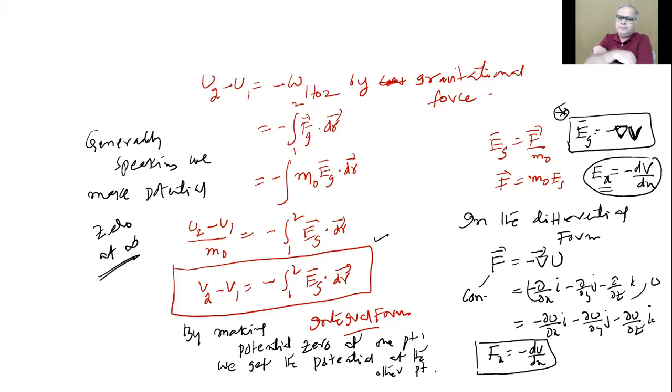So you should understand, if I bring m0 mass, I'll be doing work. That work depends upon how much mass you bring. But you make that independent of the mass you bring by making it per kg.